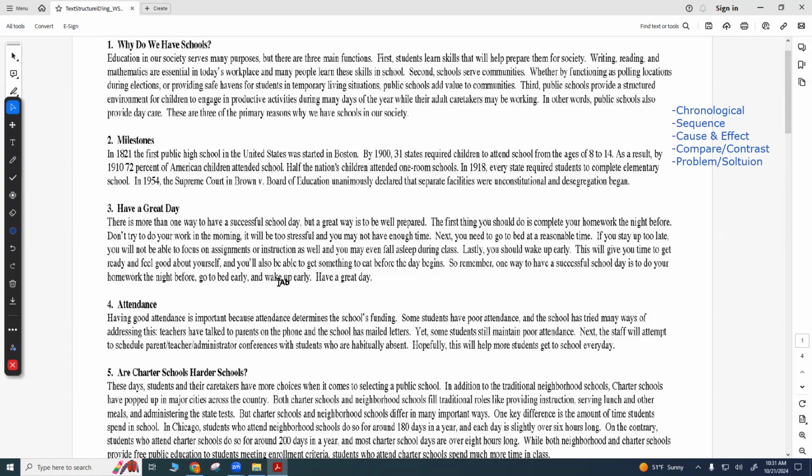And of course, one of the text structures matches each one of these texts. So go ahead and start working on that.